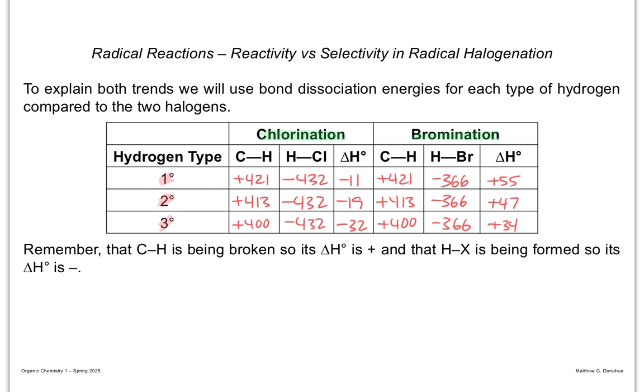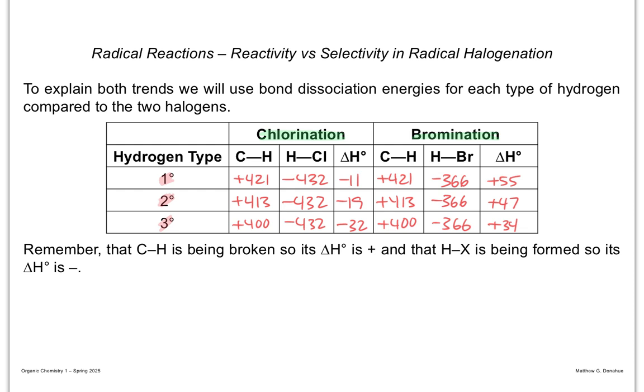So if we think about those propagation steps, we see that no matter what type of hydrogen it is for chlorination, those values are all negative. But for bromine, look at the trend.